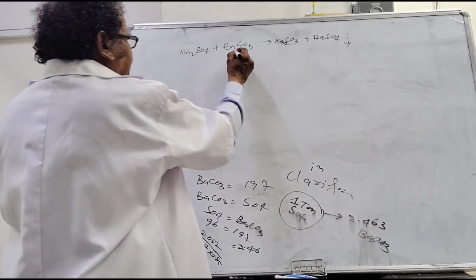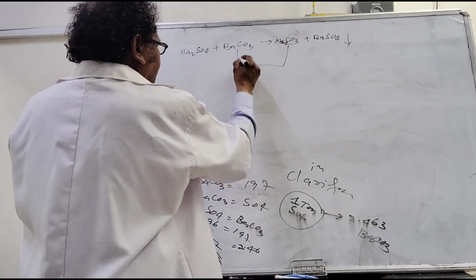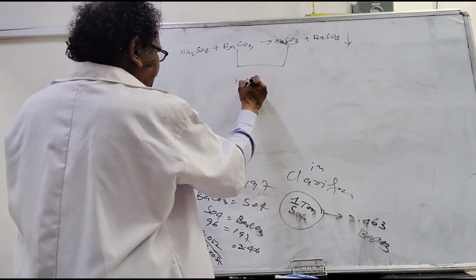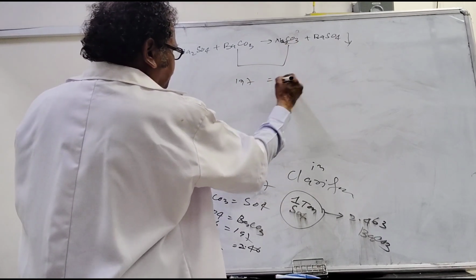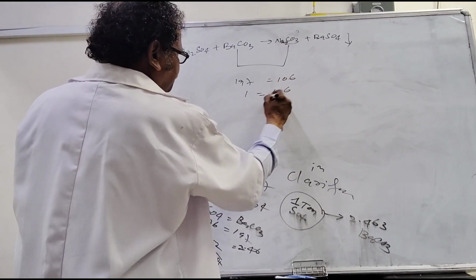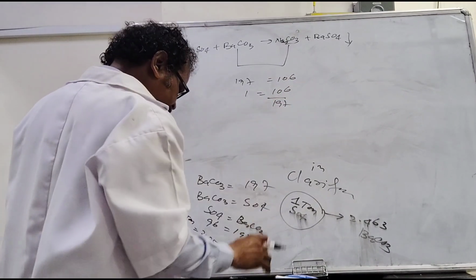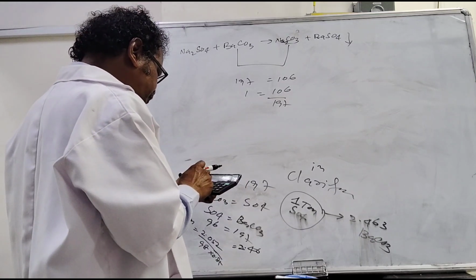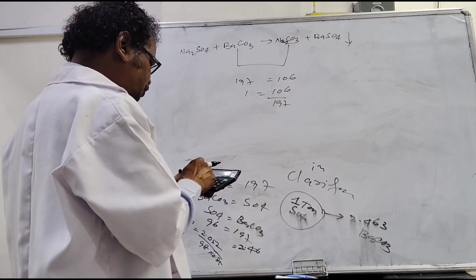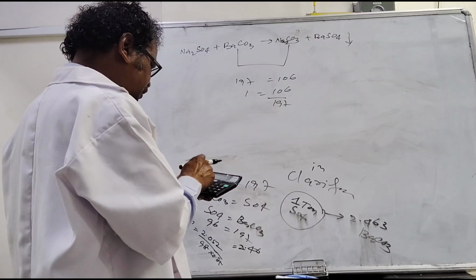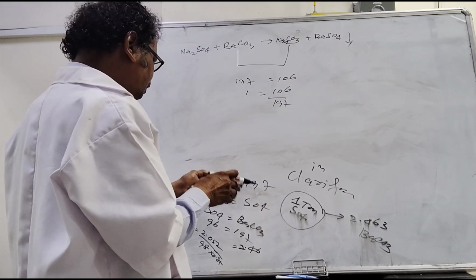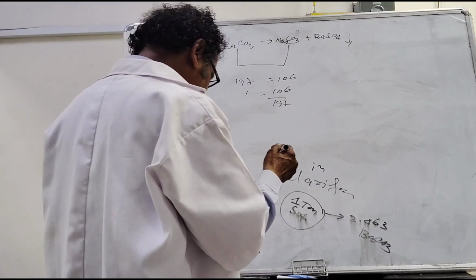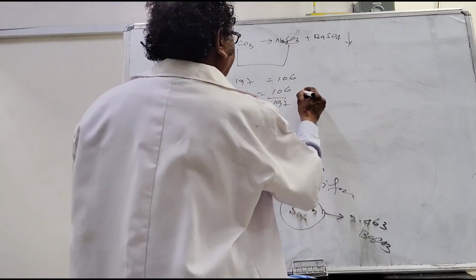So here the molecular weights are 197 and 106. 1 is equal to 106 by 197, 106 divided by 197.